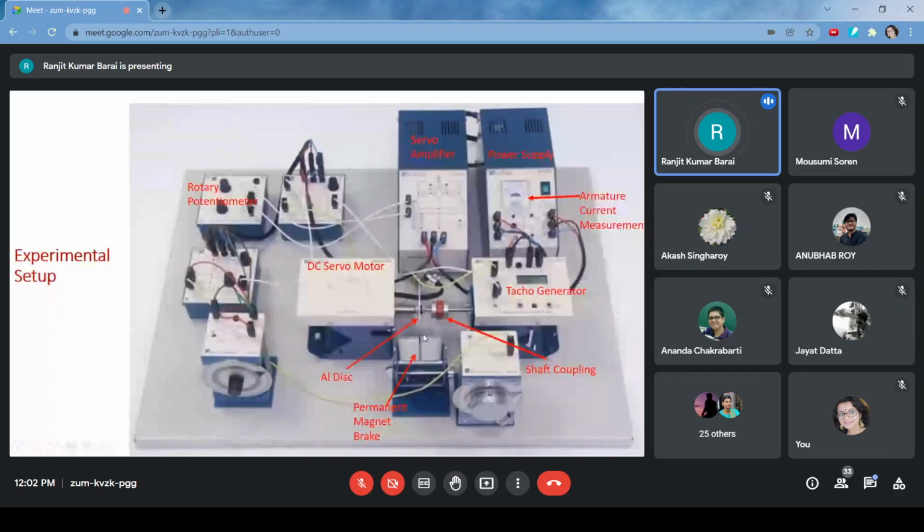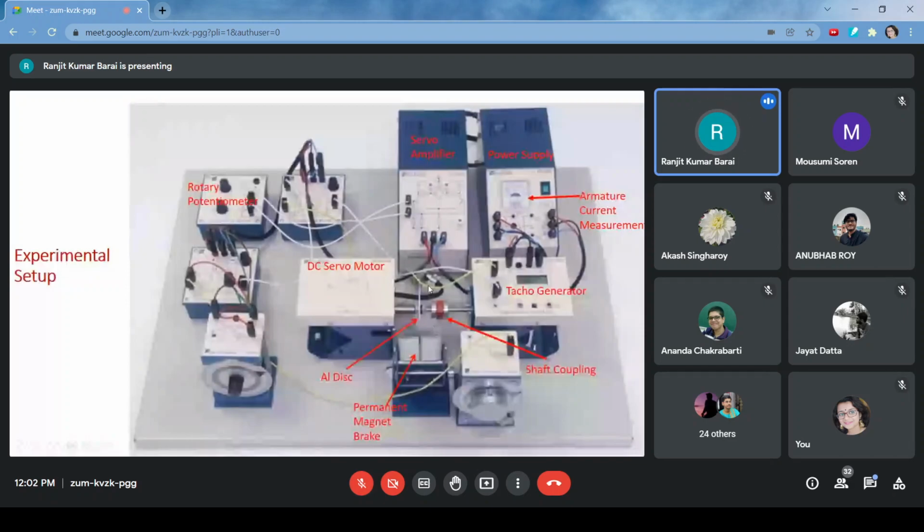And if there is flux cutting, what will happen? As it is an aluminum disc, eddy current will start flowing through it. So it will oppose the cause, that means the interaction with the magnetic field. So a torque interaction occurs due to this rotation of the disc.